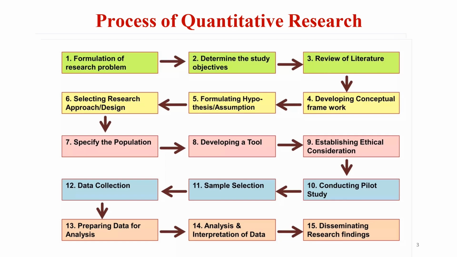Once the research design is also ready, then we should specify the population. We should decide what our population is, and how much sample we are going to take out of that population, right? Whether that population is finite or infinite, all these details we have to collect.